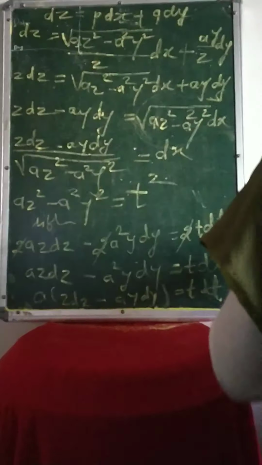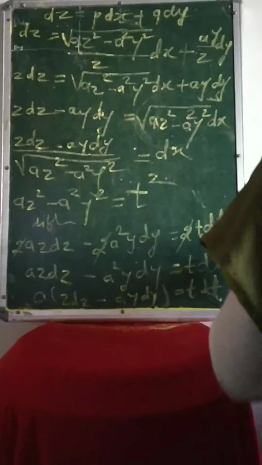Now we integrate again this term. So its integration is 1 by a into t, 1 by a is constant, integration of 1 with respect to x is x, plus integrating constant b, or t by a equal to x plus b. So in this way we get this type of equation.